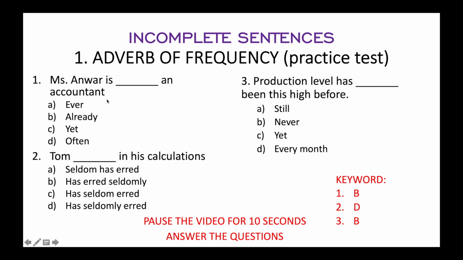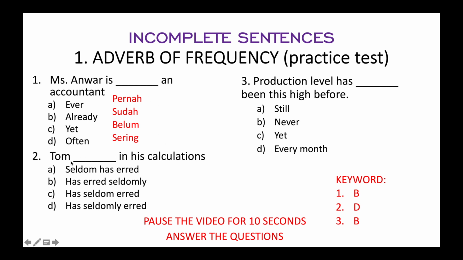I will just translate it, since this is the list of the different meanings of the adverb. So here are the results of the translated version. You should choose sudah as your answer, since Mr. Arrow is already an accountant. So it could not be changed into pernah or belum or sering.